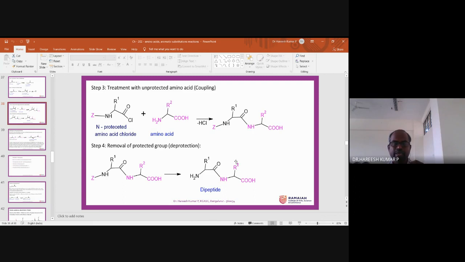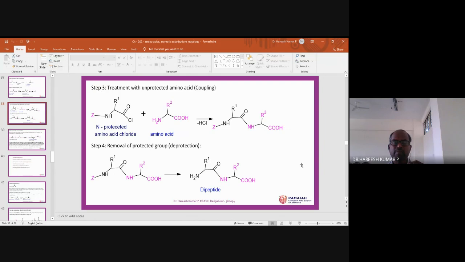Suppose you want to prepare a tripeptide. After getting the dipeptide, go for activation of this carbon, and then treat with the third amino acid, and it will form a bond, and a tripeptide is obtained. Afterwards also, you can couple with one more amino acid, activation and coupling, until getting the desired peptide.